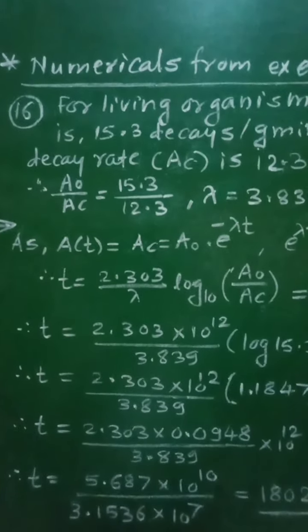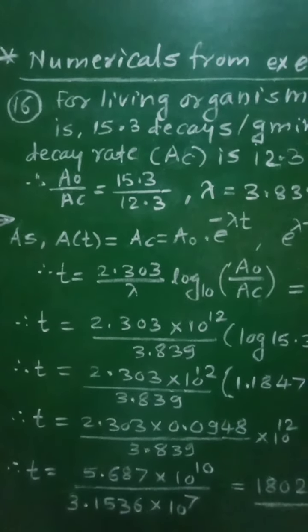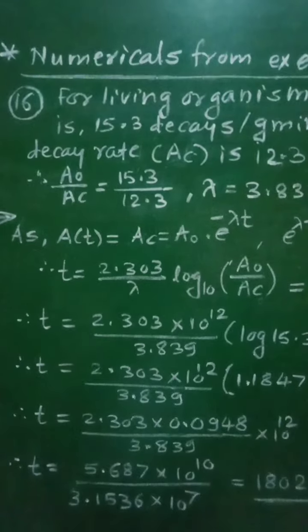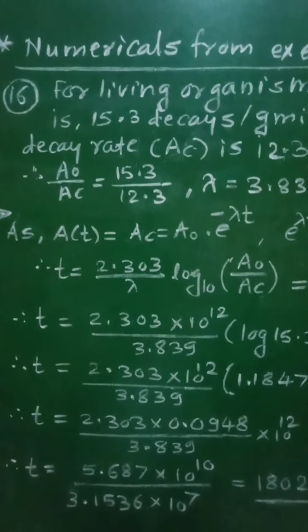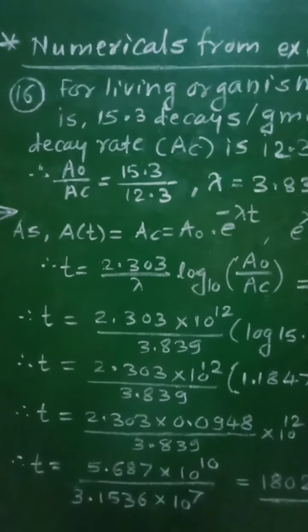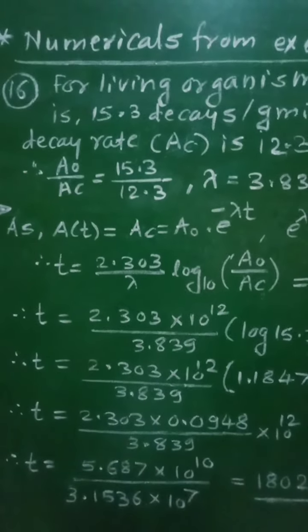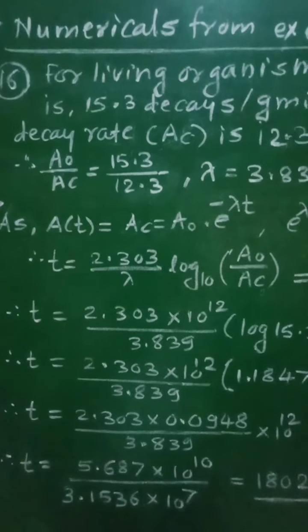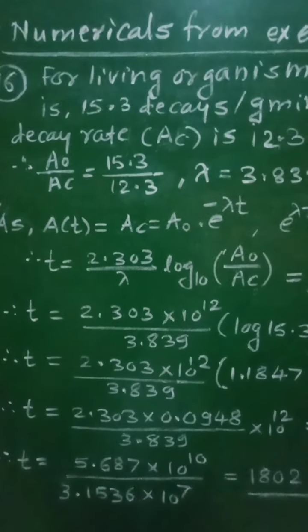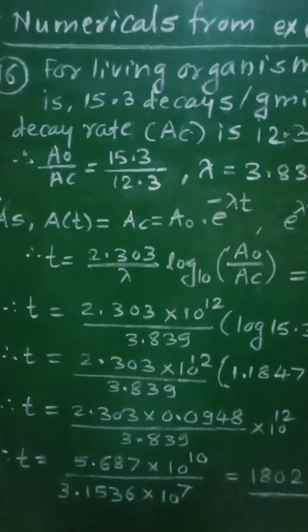A sample of carbon obtained from very old charcoal shows a disintegration rate of 12.3 disintegrations per gram per minute. Determine the age of the old sample, given the decay constant of carbon to be 3.839 into 10 raised to minus 12 per second.